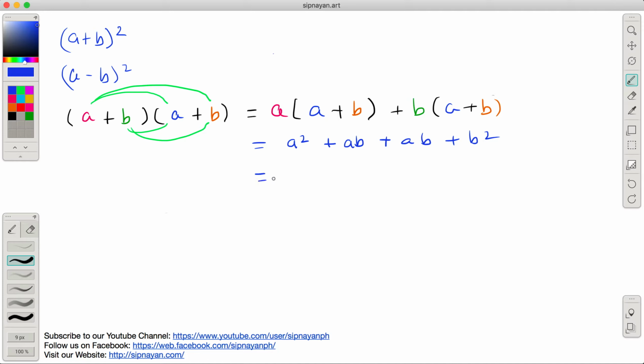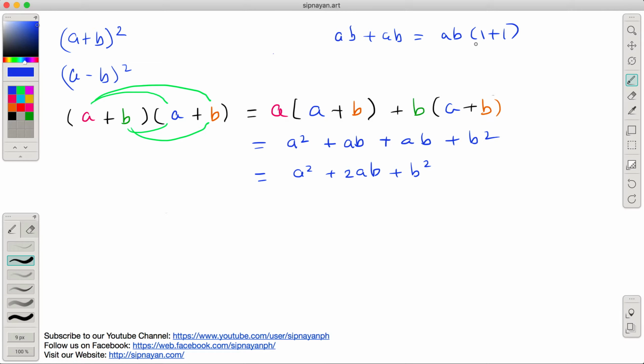Now, ano ang a squared plus ab plus b squared? This is equal to a squared plus dalawang ab plus b squared. Okay. So, kung nakalimutan nyo na yung pag-add, ab plus ab can be actually factored out to AB times 1 plus 1. Diba factored, pwede natin i-factor out yung AB.